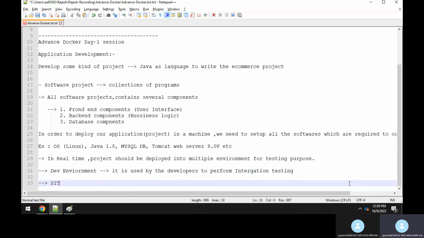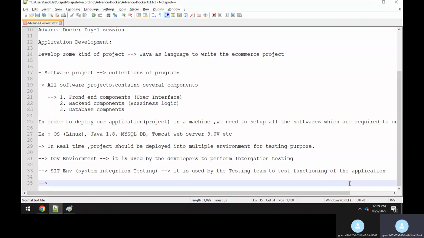Then you have a SIT environment, which is nothing but system integration testing. This environment is used by the testers, the testing team, to test the functioning of the application.